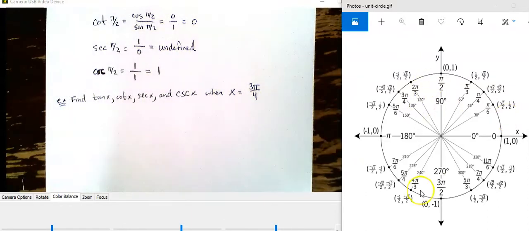So looking at our unit circle, we see the 3 pi over 4 angle is here. All we need to focus in on are the coordinates of the point for that angle.